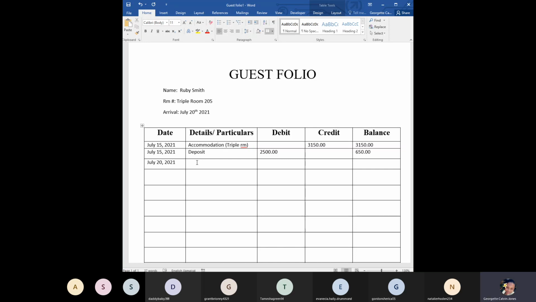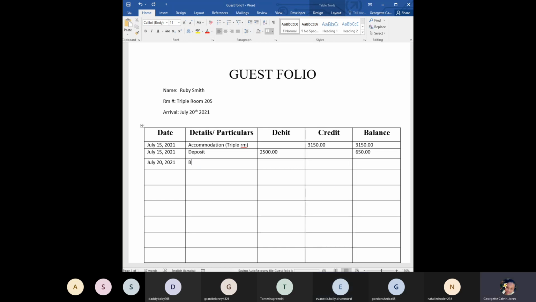Brioni said July 15. No, she paid the deposit on July 15. She paid her balance. Oh, A paid her balance, but my name's not date there, so that's why. Right.